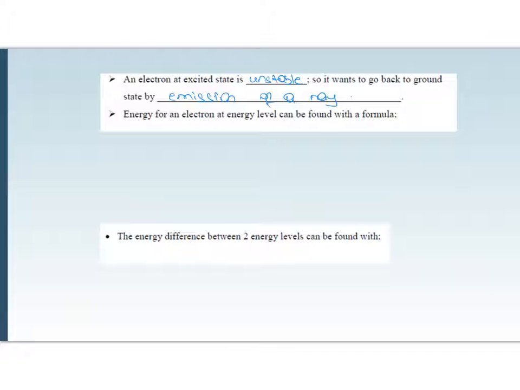The energy of an electron at any energy level can be found with a formula. En is equal to minus A times Z squared over n squared, where Z is the proton number, which is known as the atomic number or the nuclear charge, and n is the energy level.